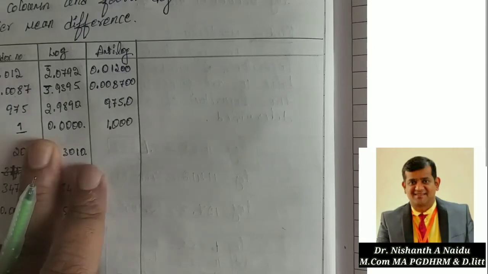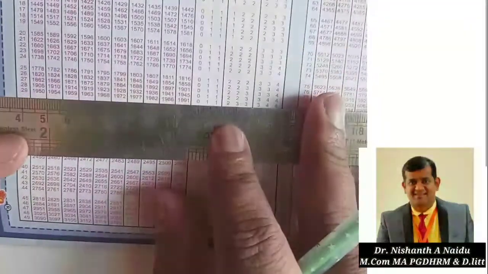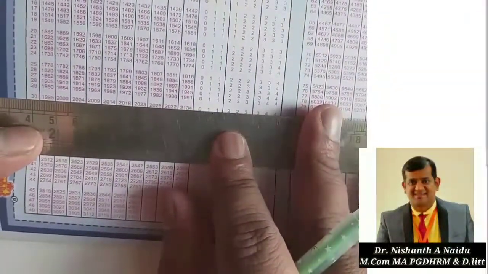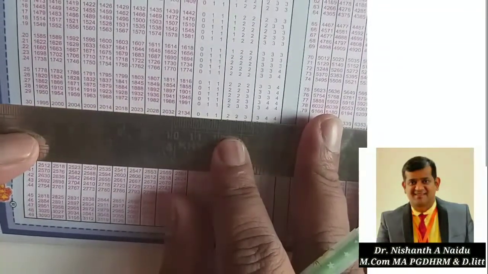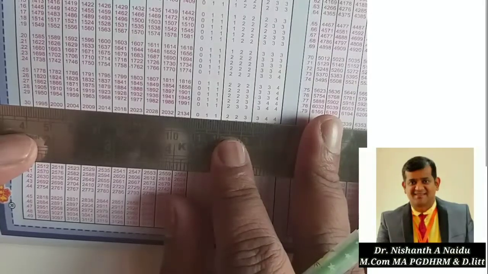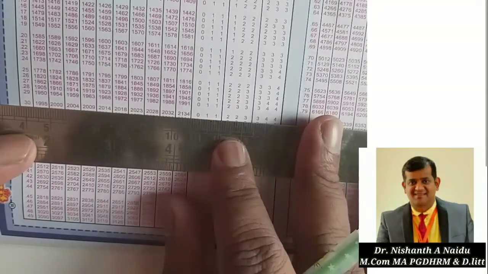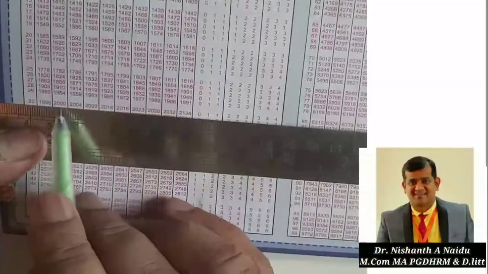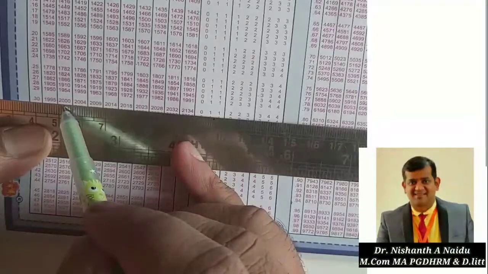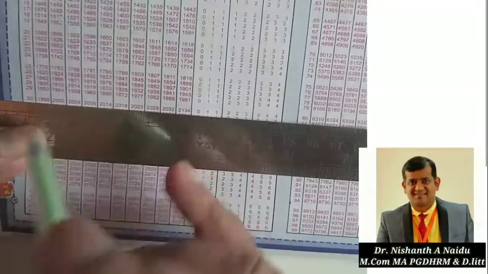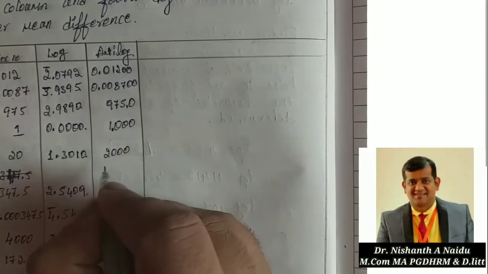So only the 30th row, first column shows 1995. Sorry, not 1995, it is 30th row, 1st column, so that is 2000.